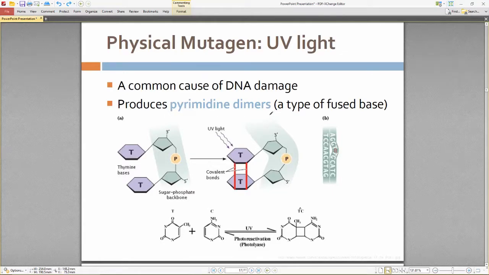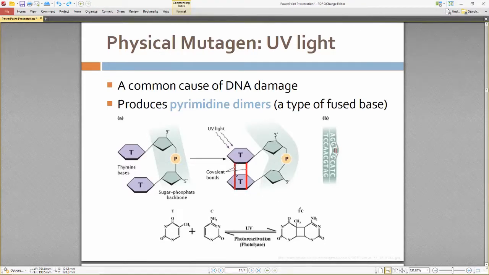So let's start with some physical mutagens. UV light is a very common cause of DNA damage, and UV light can produce something called pyrimidine dimers, a type of fused base. If you take a look at this example, you have two thymines, which are both pyrimidines, or here T and C, which are both pyrimidines in this example.